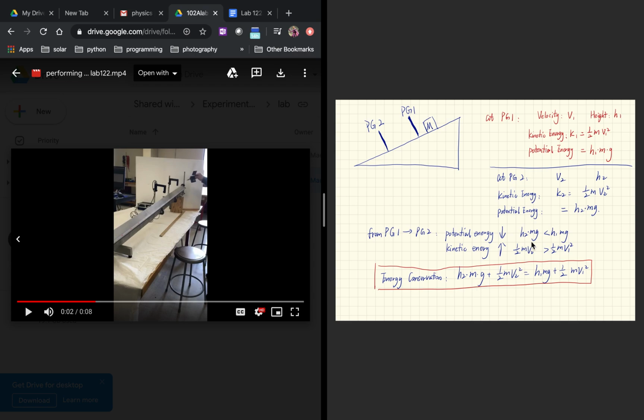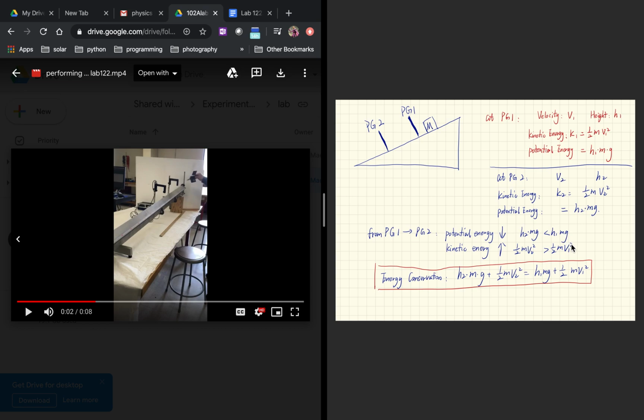basically at flow gate 2 you have a smaller potential energy but a larger kinetic energy, and at flow gate 1 you have a larger potential energy but a smaller kinetic energy.